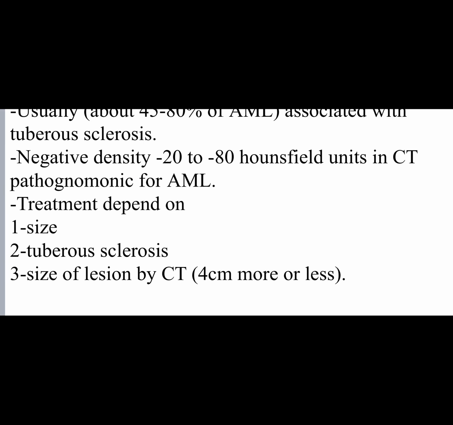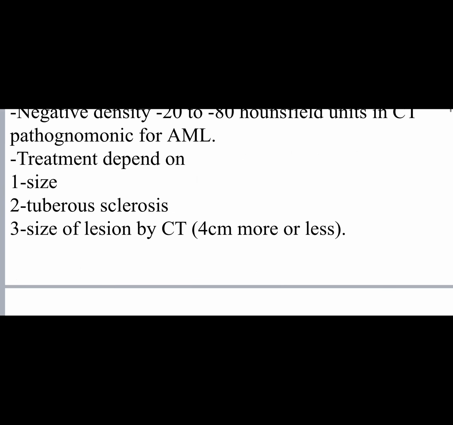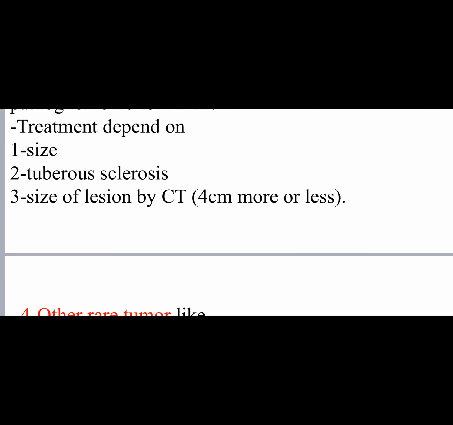A negative density of minus 20 to minus 80 Hounsfield units on CT is pathognomonic of angiomyolipoma. Treatment depends on size, whether the patient has tuberous sclerosis or not, and the size of the lesion by CT scan, 4 cm more or less.